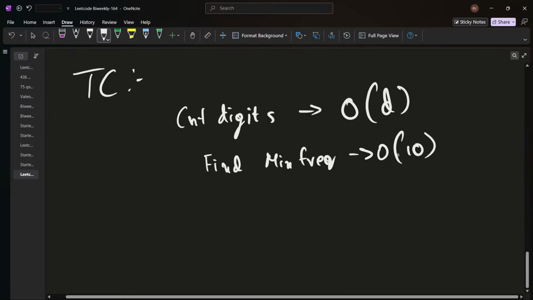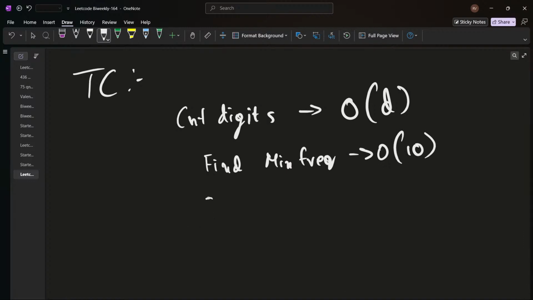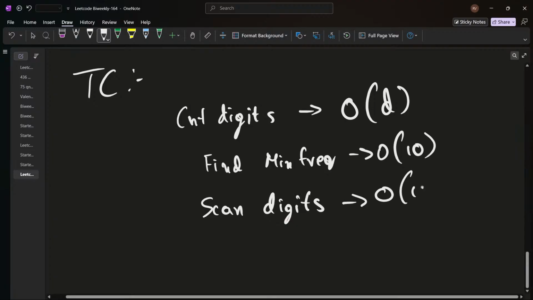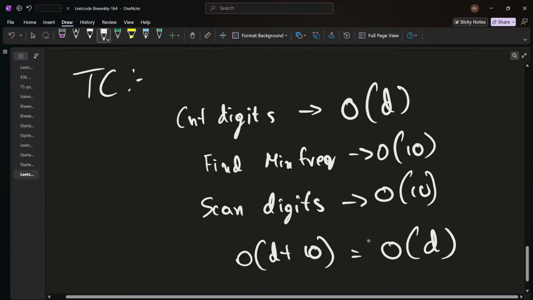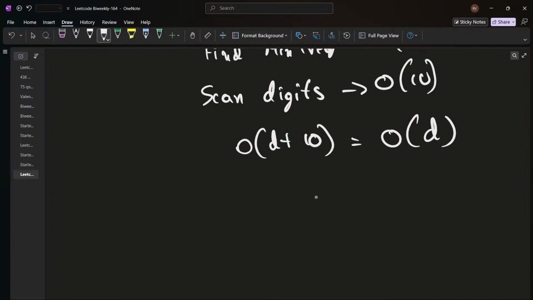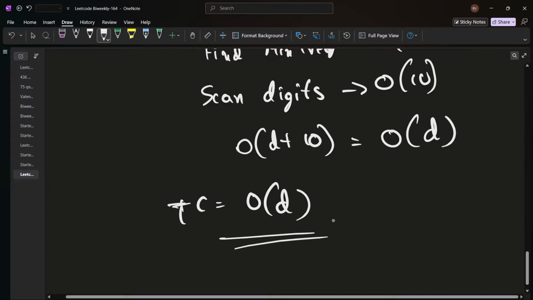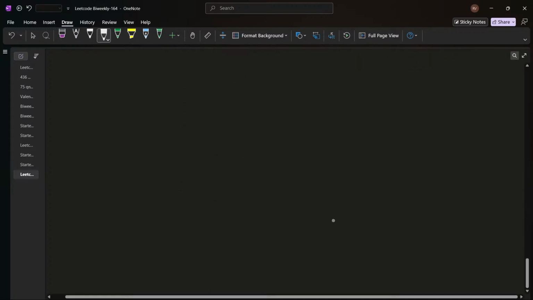Scanning the digits again is also O of 10. Now what is our total time complexity? It is O of D plus 10, which is equal to O of D, and this is time efficient. So the final time complexity is O of D, where D is the number of digits.